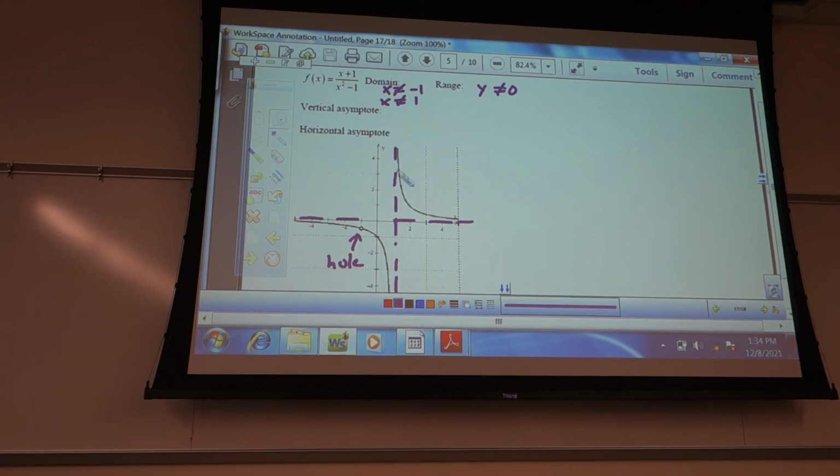Something's 1. Does everyone agree with me that something's 1 here? Yeah? Is that my x or my y that's 1? My y equals 0, so that's not it, it's x equals 1.